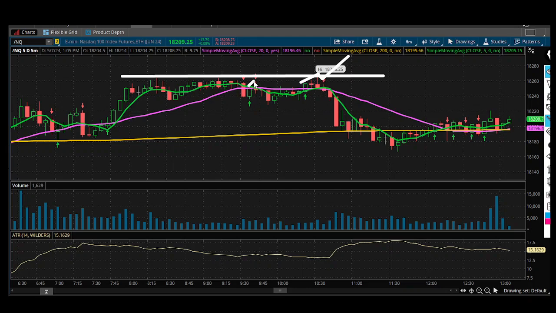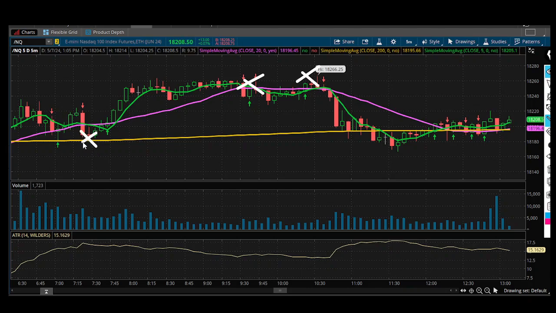Same thing here: we broke with an active 20 SMA setup, but we really don't take out the prior swing high, so there's no active setup there. We're just bouncing our heads into a brick wall. So maybe a couple of these trades could have been avoided if we had some of that knowledge and experience.